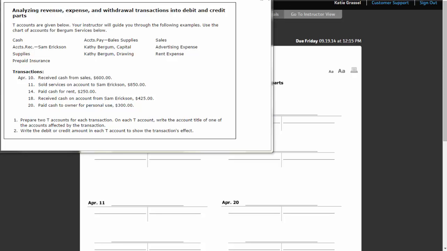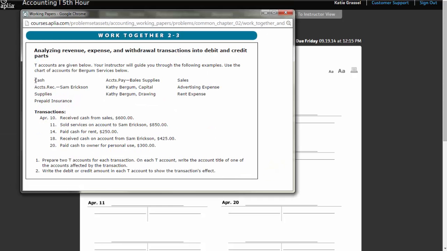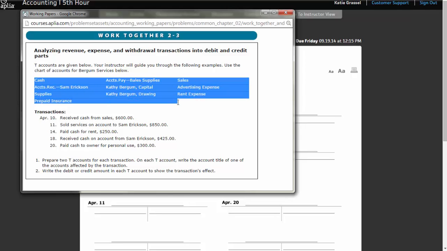So when we look here, basically what we have to do is pick from any of these words up here. Those are always going to be the accounts that we can choose from. Anytime in accounting, they're always going to give you the list of accounts to work from. A business will always spend time at the beginning when they first start up to determine what accounts they're going to use. So Dylan said we're going to be affecting cash and sales.